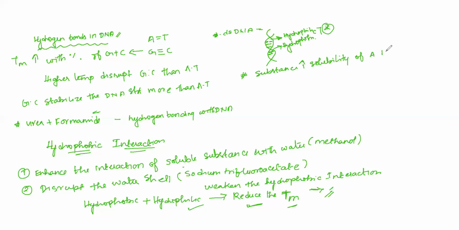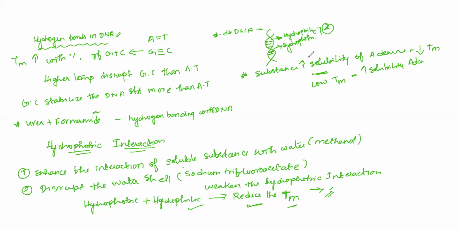They saw that as there was an increase in solubility, there was a decrease in the melting temperature. The lowering of the melting temperature is connected with the increase in the solubility of adenine. Remember one thing: the sugar phosphate backbone is not going to interact with anything.